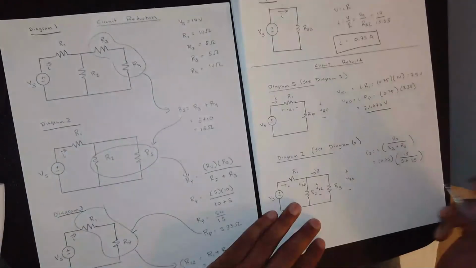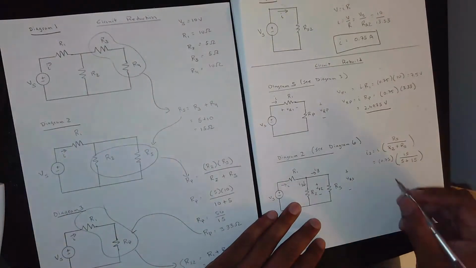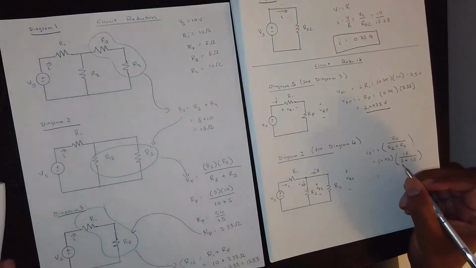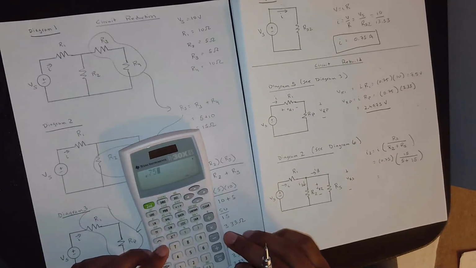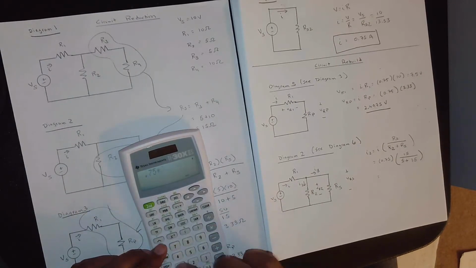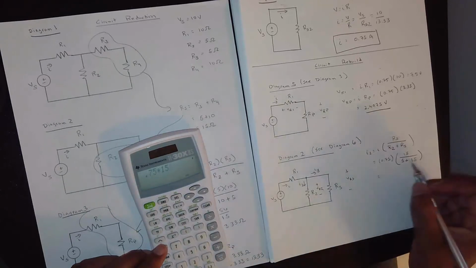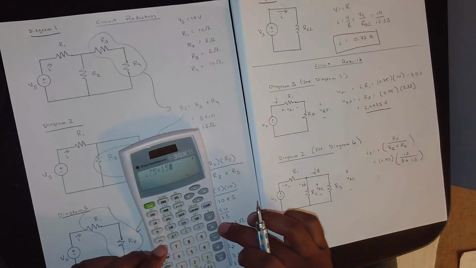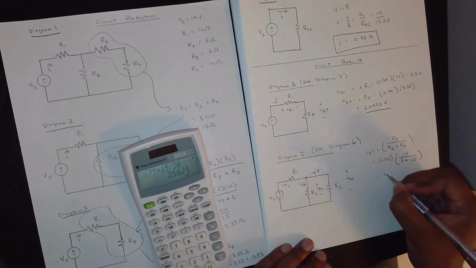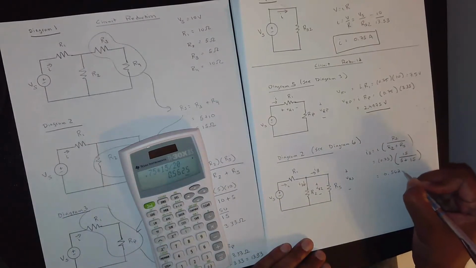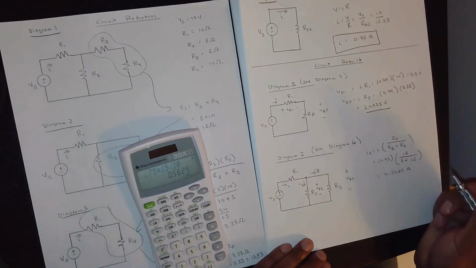Now the answer is what? 0.75 times 15 divided by 15 plus 5, which is 20, divided by 20, I get 0.5625 amps. Okay.